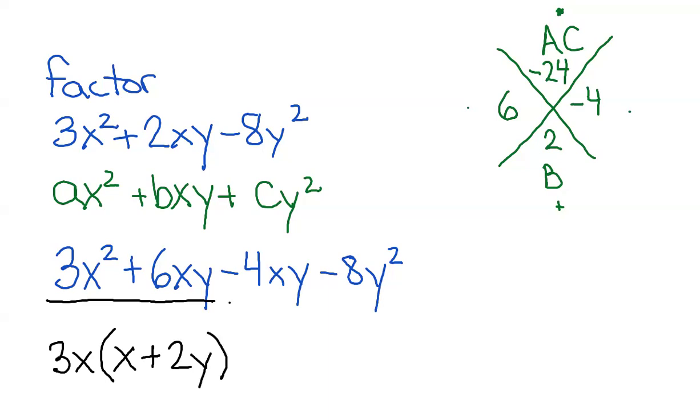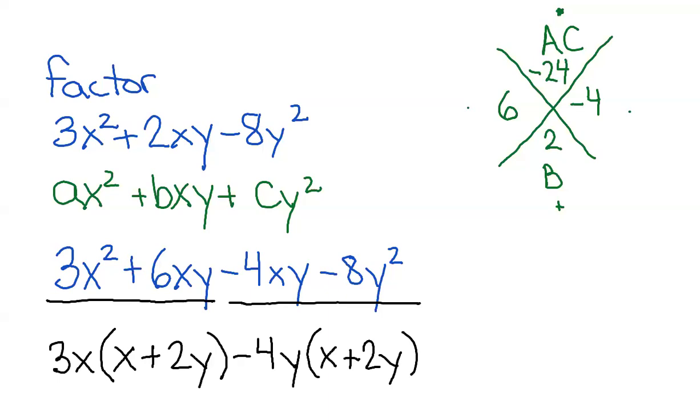And then if we group the last two terms, we can factor out the greatest common factor of negative 4y. And what we leave behind is a factor of x plus 2y.